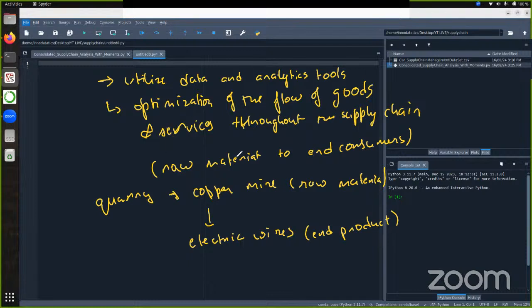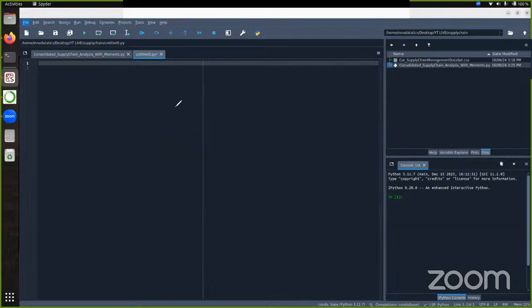Now, what are the various use cases or key aspects of supply chain analytics? The first one is demand forecasting. What do we do in demand forecasting? We are going to try and predict the future consumer demand based on historical sales data, and we are going to take a look at things such as market trends and any other relevant factor depending on the industry that you're focusing on.